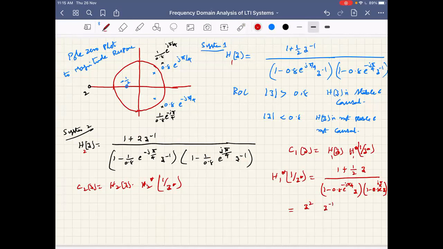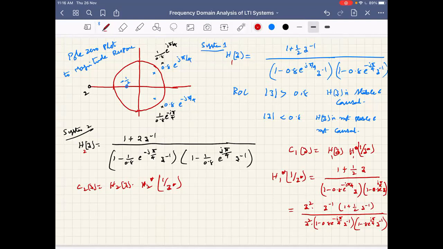So Z inverse into 1 plus 1 by 2 Z inverse, divided by, here also let us take Z square outside, 1 minus 0.8 e power minus j pi by 4 into Z inverse, into 1 minus 0.8 e power j pi by 4 into Z inverse. Okay, I have taken Z square out from the numerator and denominator. So I have written this.